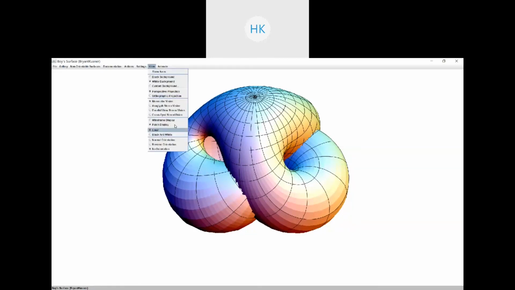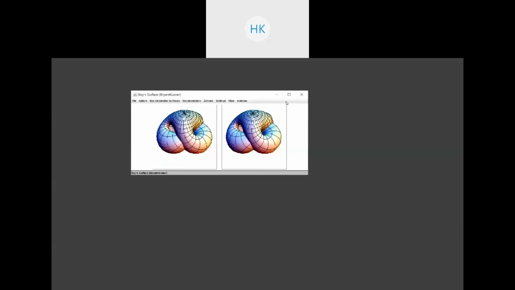Let me try this with you. Does everyone know how to see in 3D with naked eyes? You have to converge these two images with your eyes. Just focus behind the screen, and you will converge these two images into one, and you can see the 3D part of it.